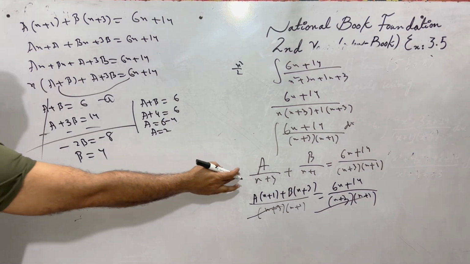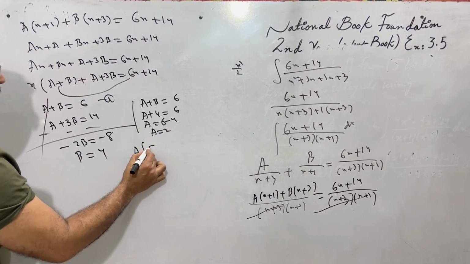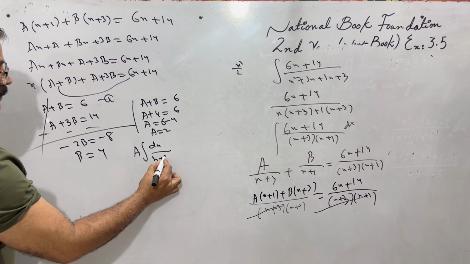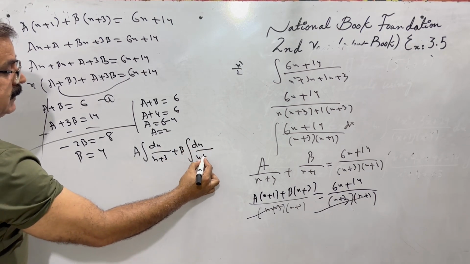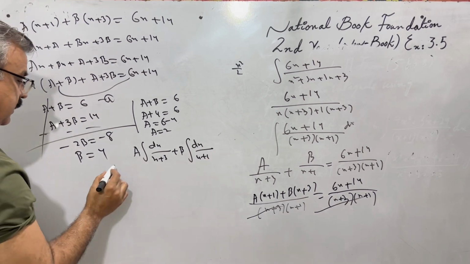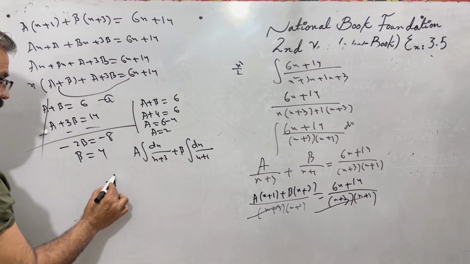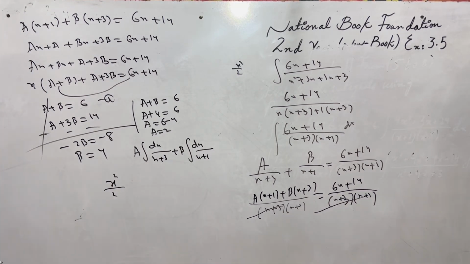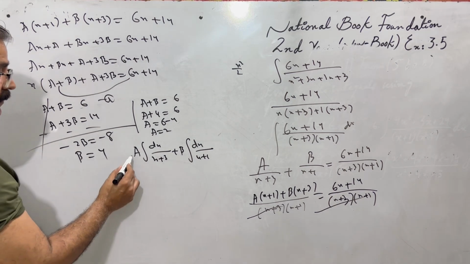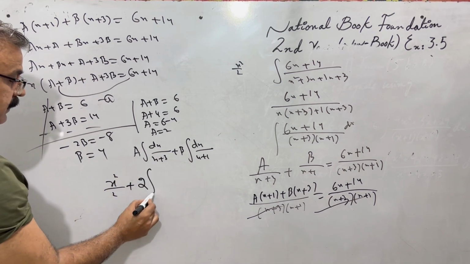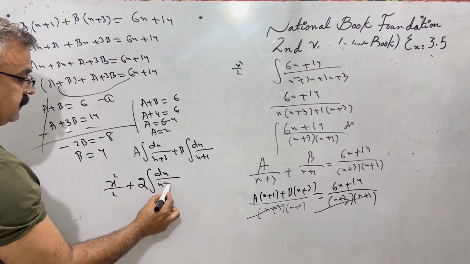Now I can manage A over x plus 3 dx, B over x plus 1 dx. For the complete question, don't forget to include our quotient x, whose integration is x square over 2. The value of A is 2, dx over x plus 3.